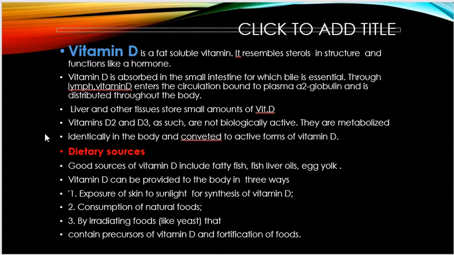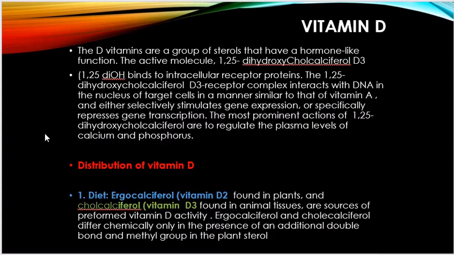Number one, exposure to sunlight for the synthesis of vitamin D. Number two, the consumption of natural foods. And number three, by irradiating foods like yeast that contain precursors for vitamin D, and fortification of foods.